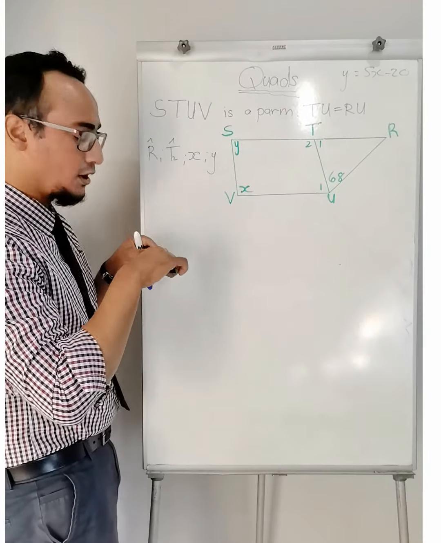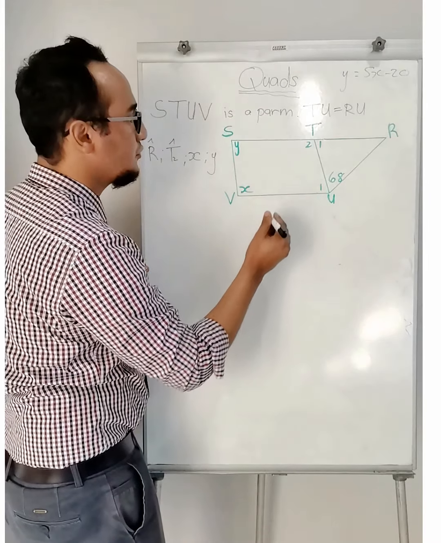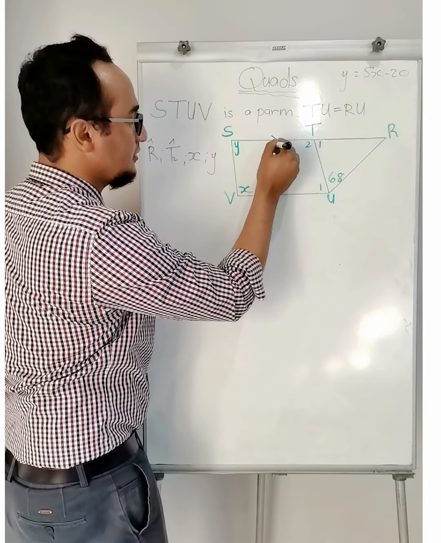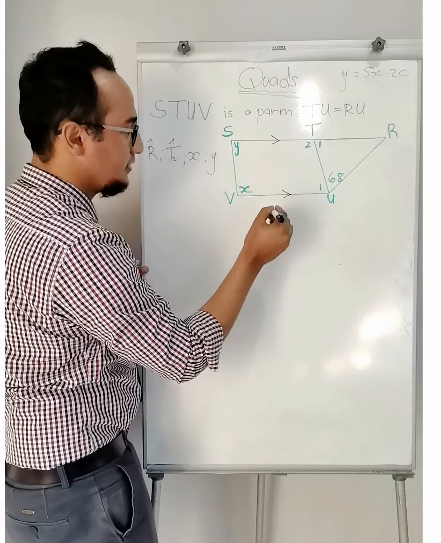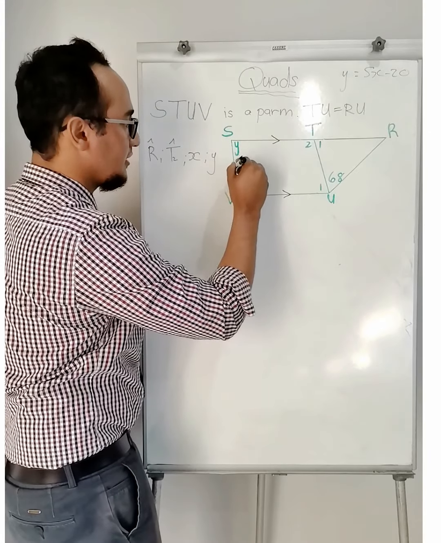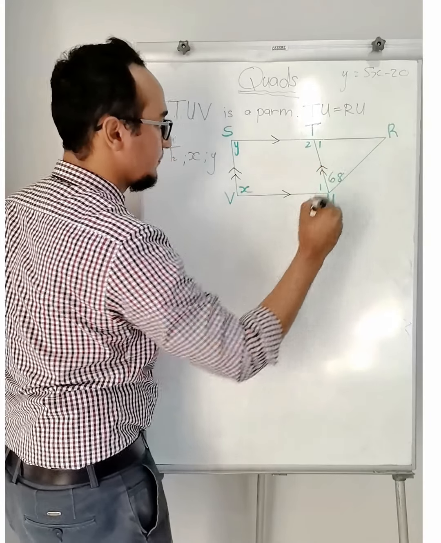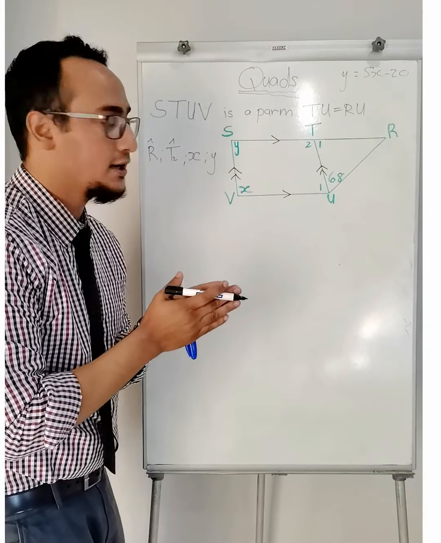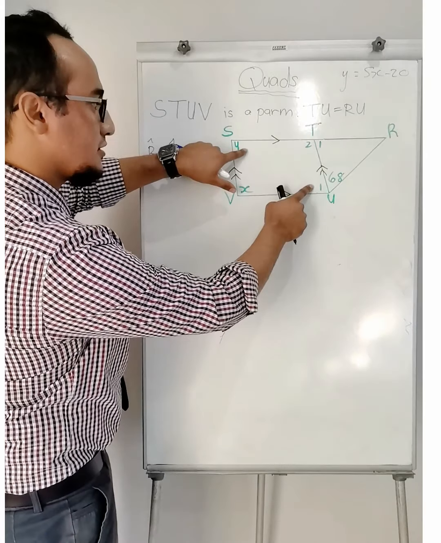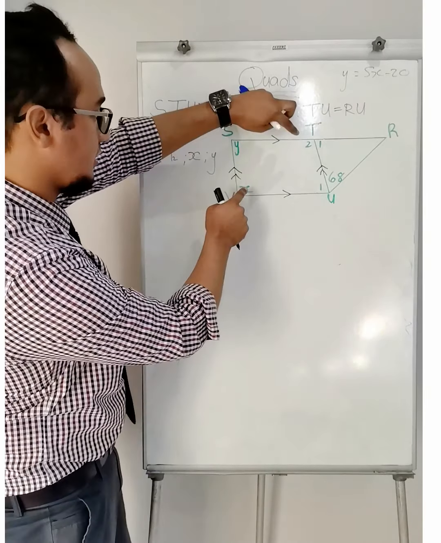If I look at a parallelogram, I know that this side is parallel to this side, as well as SV is parallel to TU. What else do I know about a parallelogram? My opposite angles will be equal to each other.